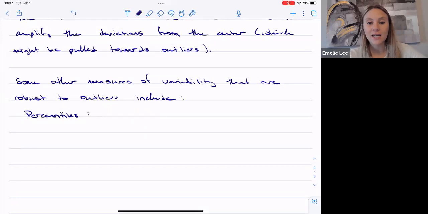The percentile is the value where at least P% of the data is below that point, and 100 minus P% is above that point.